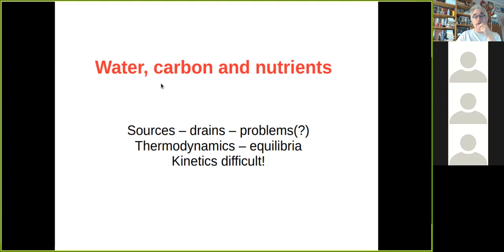They do that by utilizing the energy in the sunlight.